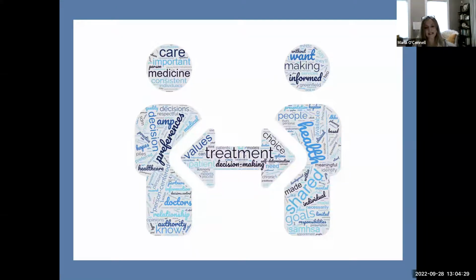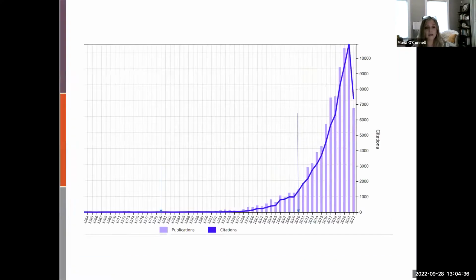So I did some sort of lit review and looked at citations that used the term shared decision making in the title of the articles going back to 1964. As you can see, there are about one or two per year back here. And right around 2010, there was just an explosion in our research and literature and publications on shared decision making.